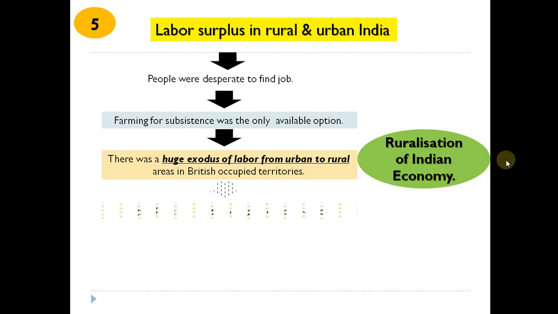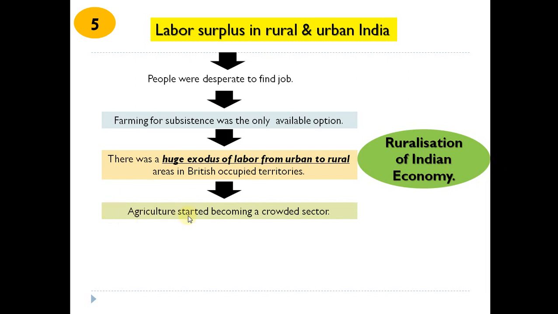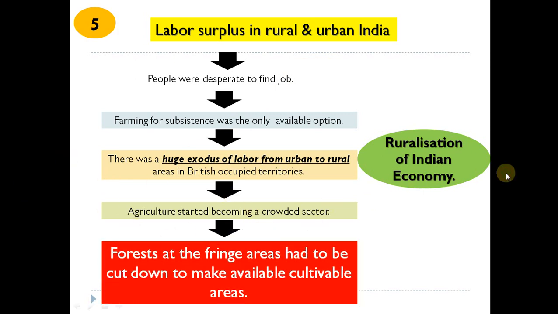Obviously, this process led to crowding of agriculture, the primary sector or the agricultural sector. People from manufacturing and service sectors are going to the agricultural sector. This sector is becoming crowded. So now, to remove this crowd, what do we do?